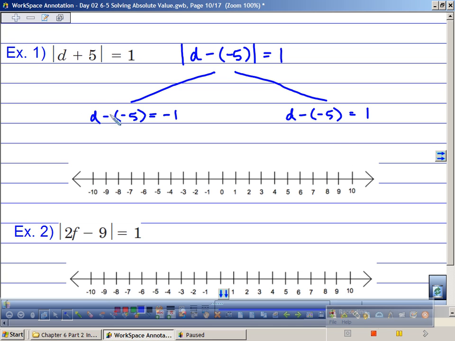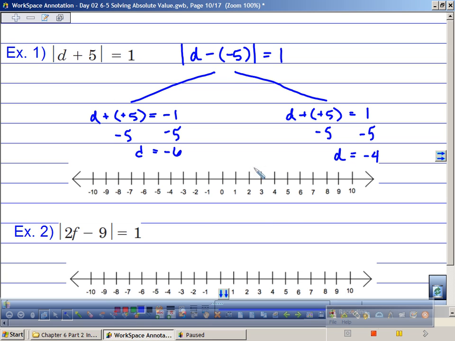The opposite of a negative is positive. So in order to solve for D, I need to take 5 off of each side. So D equals -6. Take 5 off of each side over here, and I get D equals a -5 and a +1, -4.